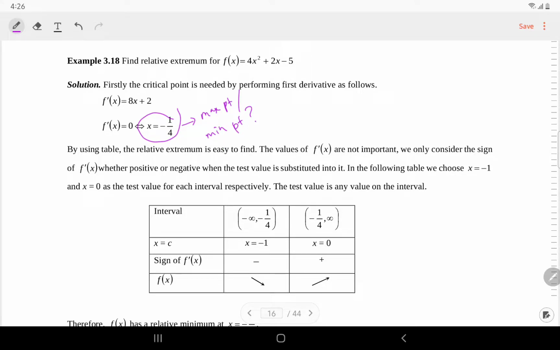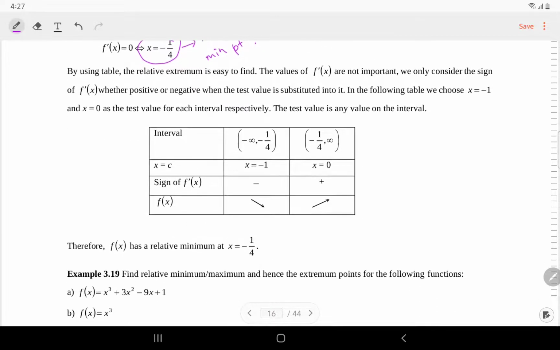Okay, nak tahu dia maximum point or minimum point, kita buat table macam tadi. Okay, bagi interval and then test point, sign of f prime x dapat negative, positive. Negative meaning that it is decreasing, and then positive meaning that it is increasing. So maksudnya graph ni negative 1/4 kat sini.